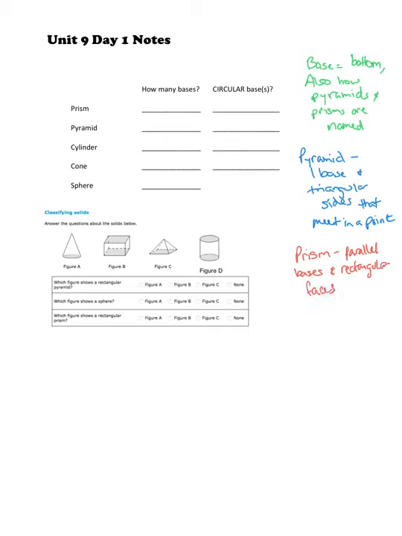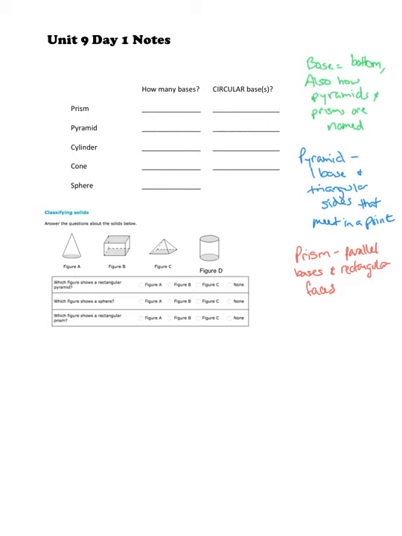Faces are kind of the sides. So in a triangular prism, or rather in a prism, the sides are always going to be rectangles. In a triangular prism, the bases are triangles. Like I said, it's how we name our pyramids and prisms, by the shape of the base.